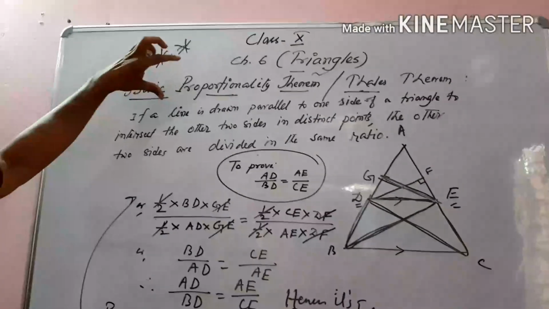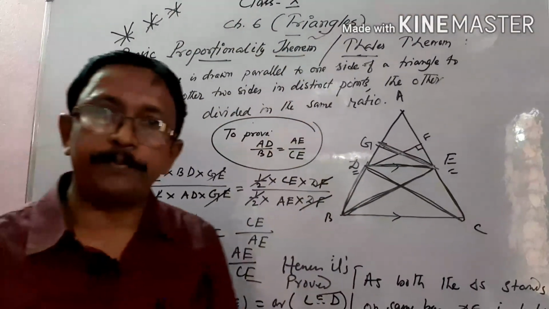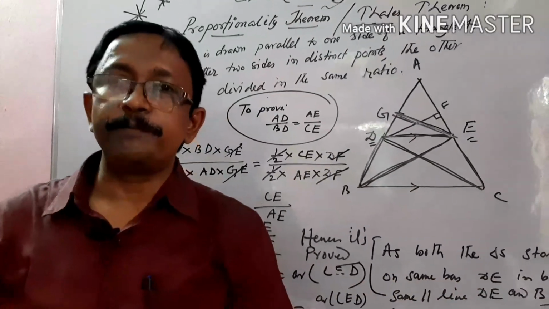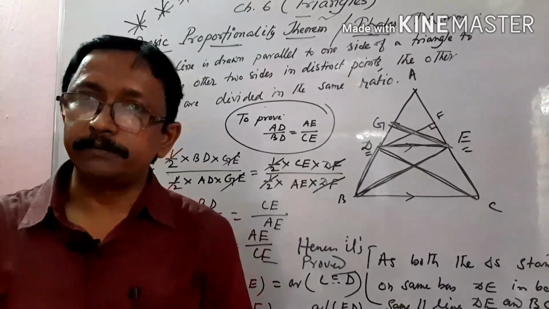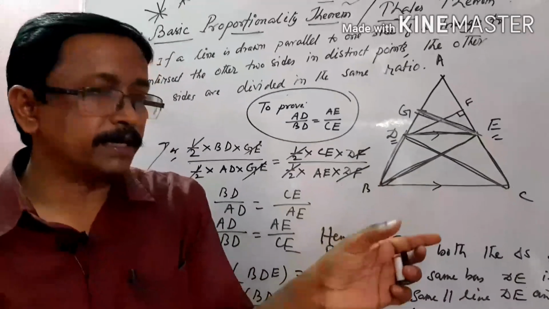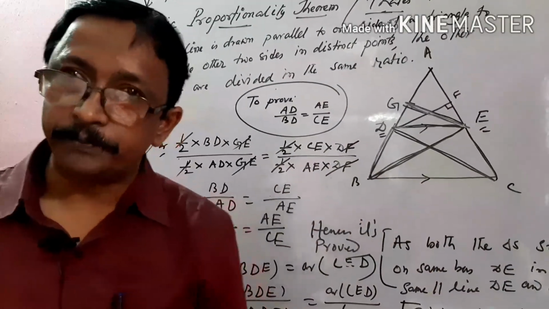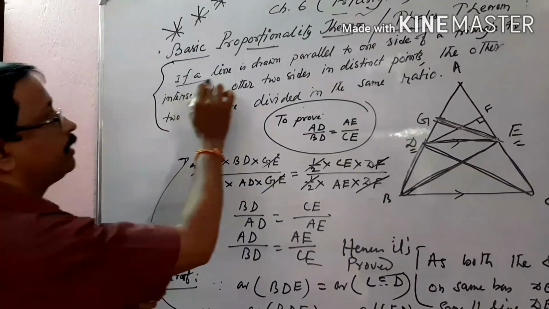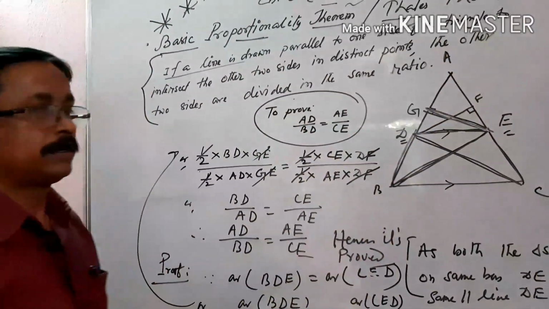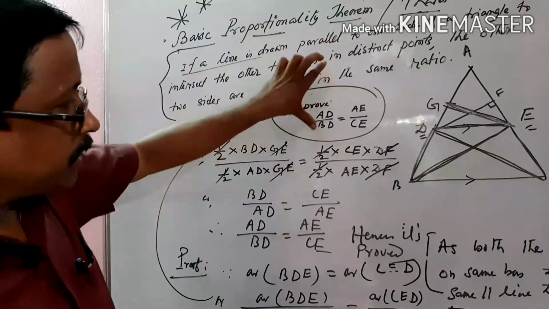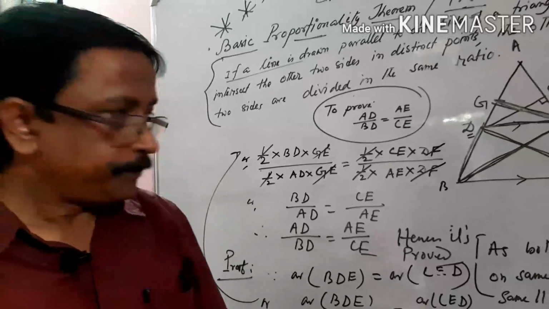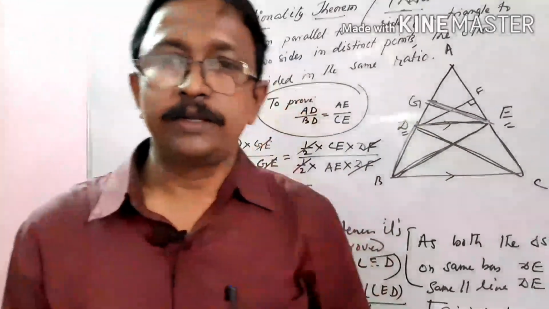So in the board exam or question paper, a question may come: state and prove the BPT theorem, or it may even come: state and prove Thales theorem. That means whatever the statement is, you have to learn it properly, okay? And whatever you understood, you have to follow step by step. So I think it is clear. Okay.